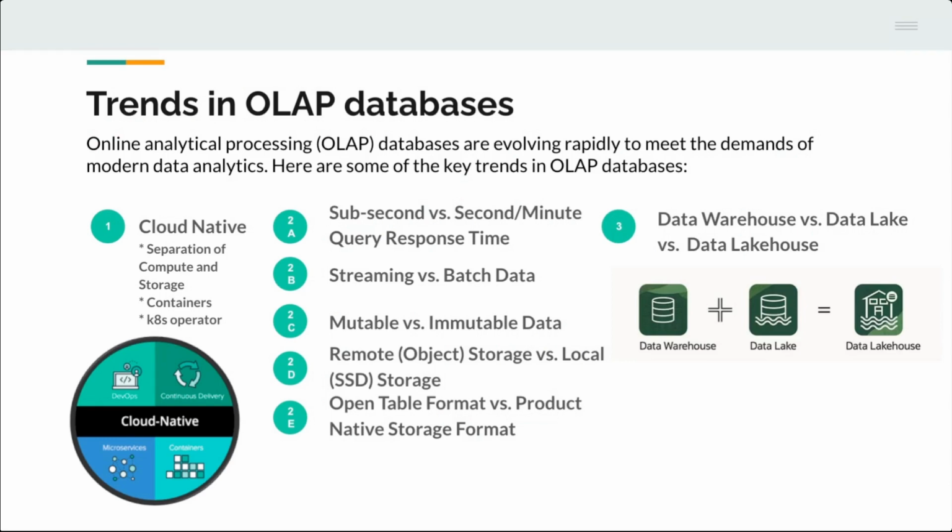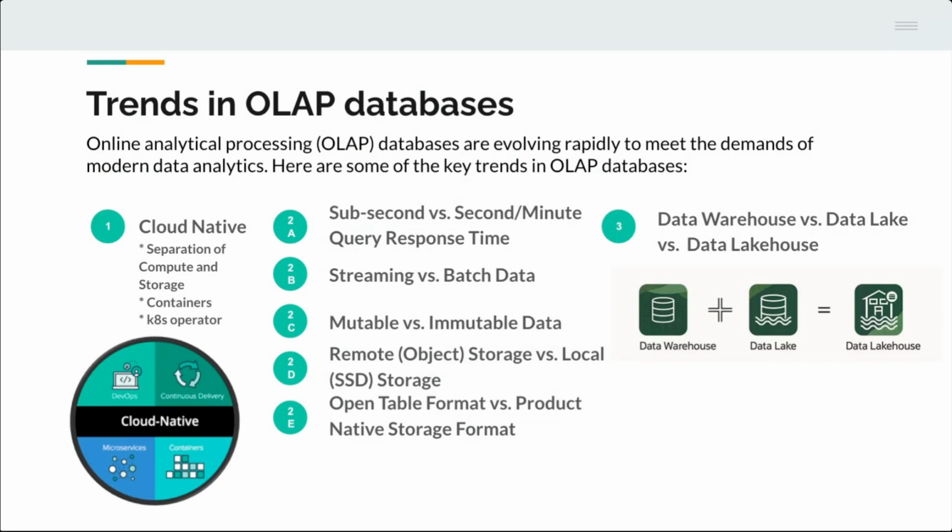The other thing that you see with the newer OLAP databases is this idea of supporting an open table format versus a native product format. For instance, in StarRocks, our native storage format is the StarRocks table format. When you initially install StarRocks, that's the format that we use, but we also have the ability to query data from Apache Iceberg, Apache Hudi, Delta Lake, Apache Hive and Apache Paimon.